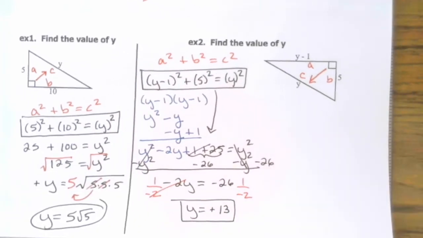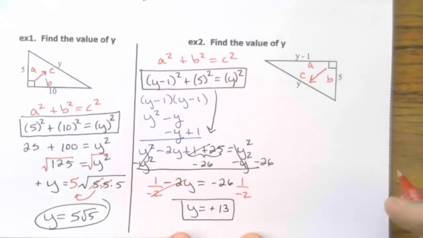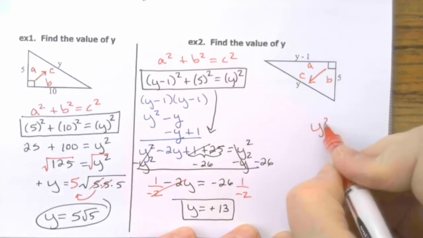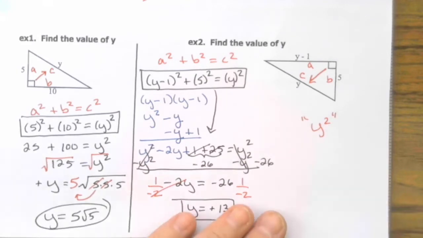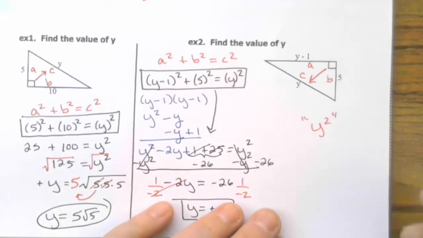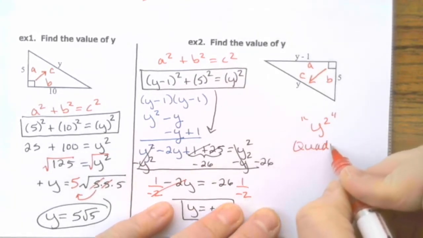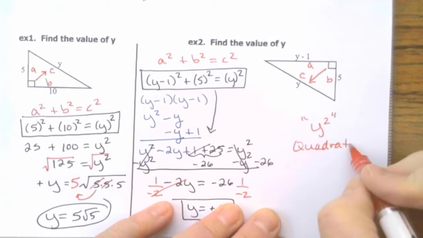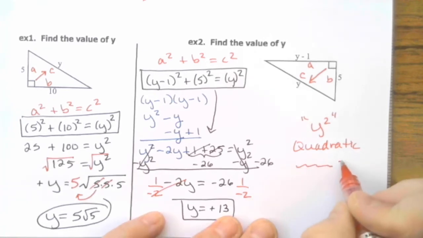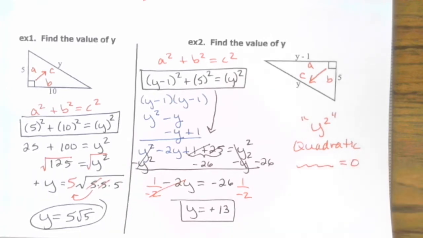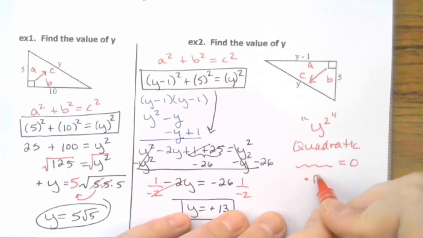Now, let's say, for argument's sake, that the y squared didn't go away. It didn't subtract out like it did. If there is a y squared left, you have what's called a quadratic, and you need to get all of the values equal to 0. So you would add or subtract everything to make it equal 0, and then you would factor the left.